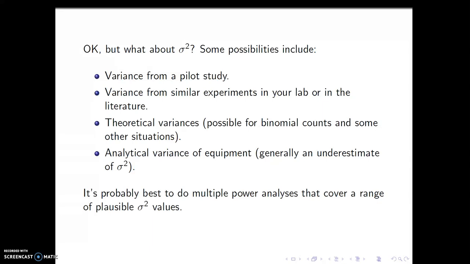You can compute a theoretical variance, n times p times 1 minus p. Those are actually easy cases, I think. You can also use some ranges of plausible variance values. That works too. There are some rules of thumb that we can talk about. I don't know how good or bad those really are, to tell you the truth.